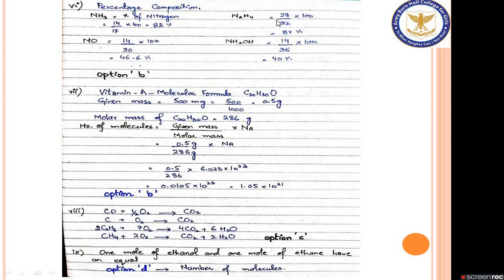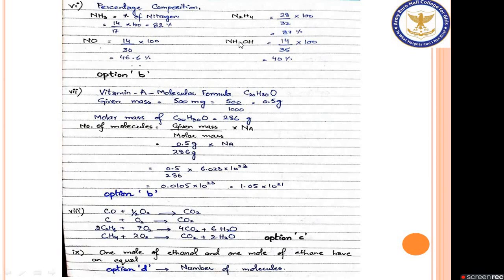While for the percentage of nitrogen in hydrazine, we have 2 atoms of nitrogen, so the mass of nitrogen in hydrazine is 28 divided by the molar mass of hydrazine, which is 32, multiplied by 100. So the percentage of nitrogen in hydrazine is equal to 87%. Similarly, we have calculated the percentage of nitrogen in nitric oxide and ammonium hydroxide.